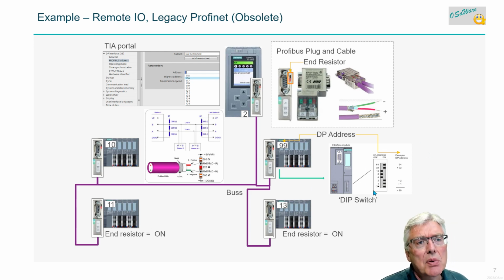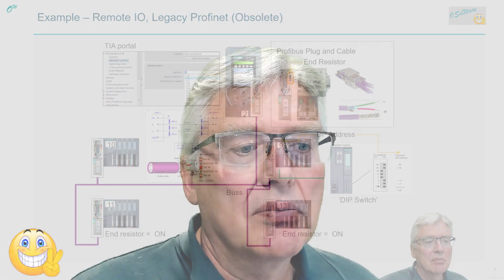They are set by a DIP switch, so the maximum is probably this. But here is how you set it. And you add all these numbers, and then you get an address. For the CPU, there is no DIP switch. You usually configure that in software. Yes. And here is how the cable and how these end resistors should work and so on. But it's obsolete.